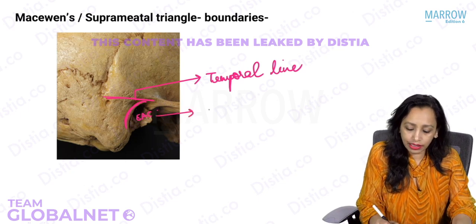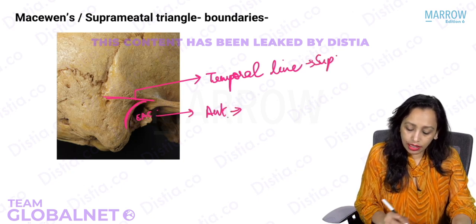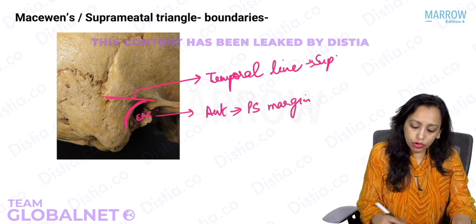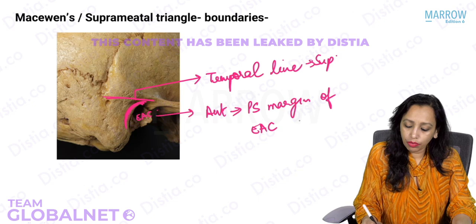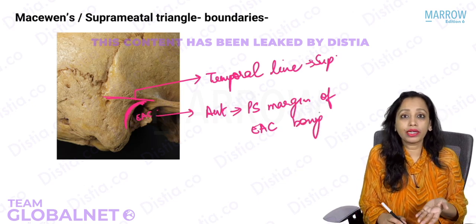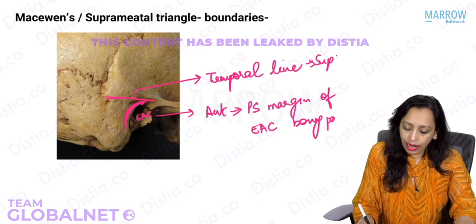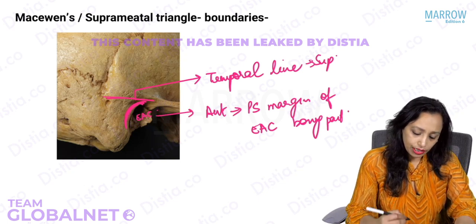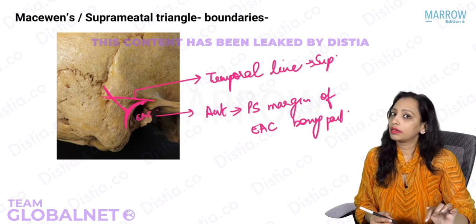This is the bone that we are seeing, right? The cartilaginous part along with the pinna has been removed in this skull. And the third part of this triangle, the McEwen's triangle, is a tangent that is drawn to the posterior margin of the EAC and meets the temporal line.